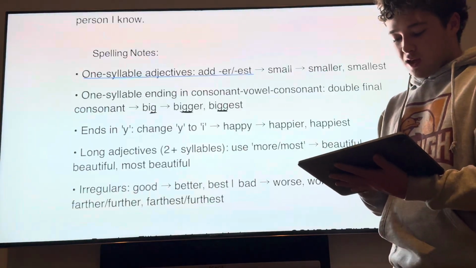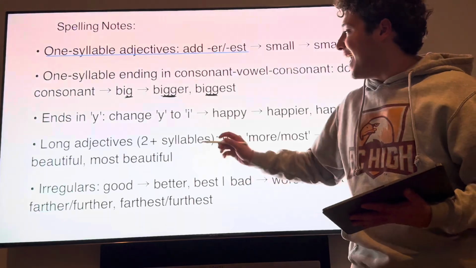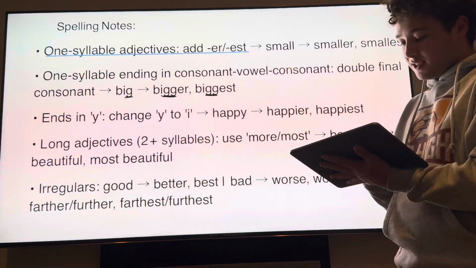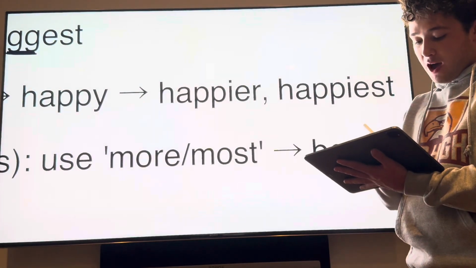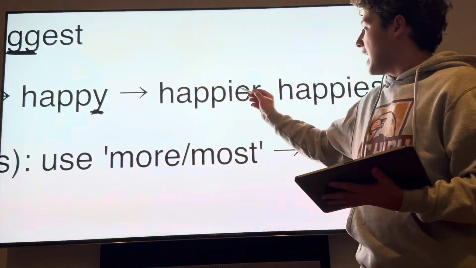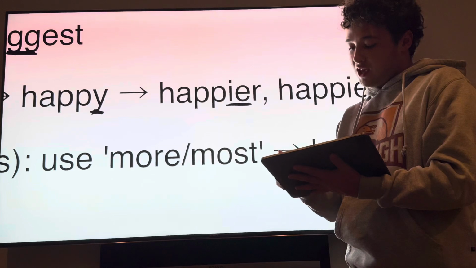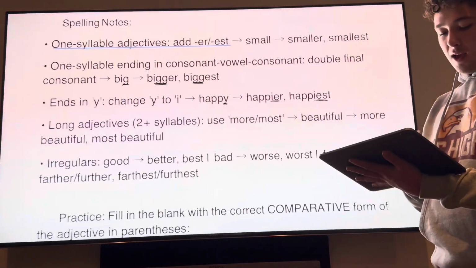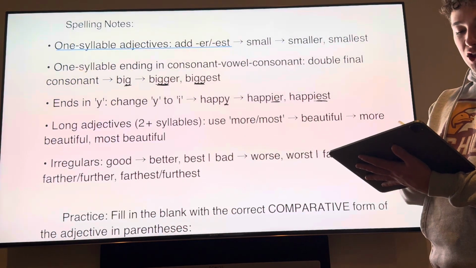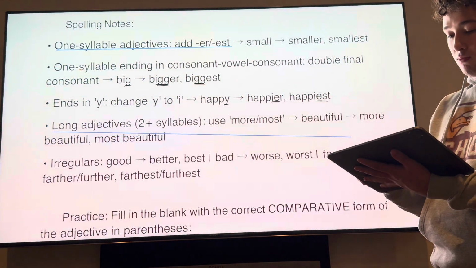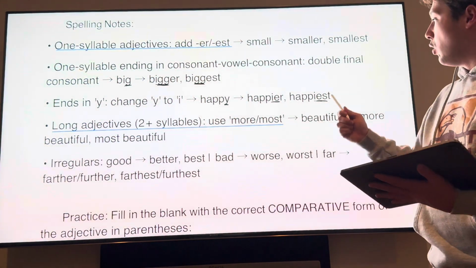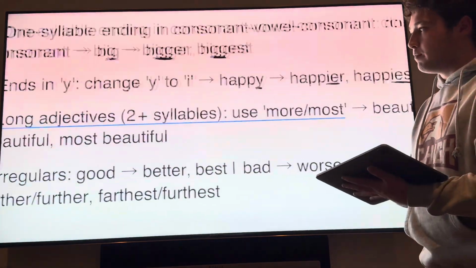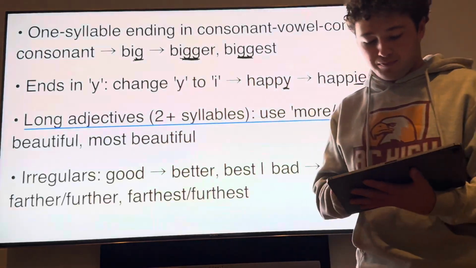Right? Okay. If it ends in Y, you change it to an I. So it starts as happy with a Y, and then it changes to happy with an I when you add the ER and the EST. Okay, like we discussed before as well, long adjectives, 2 or more, use more or most. Like beautiful, more beautiful, most beautiful.